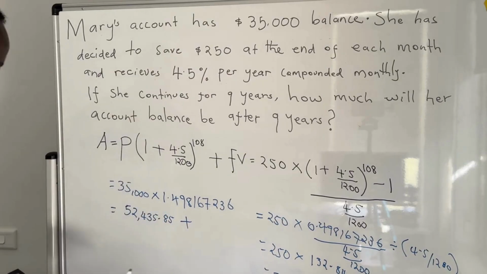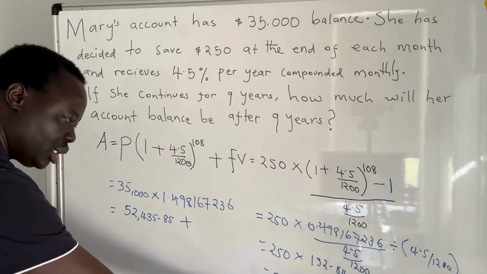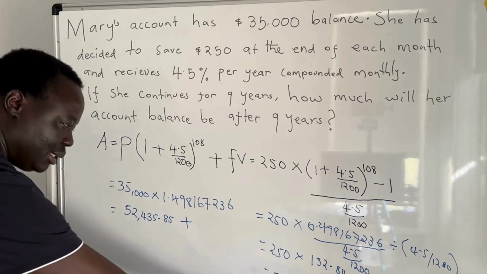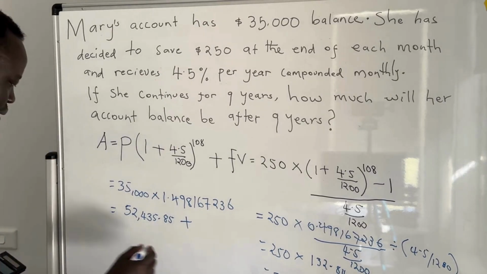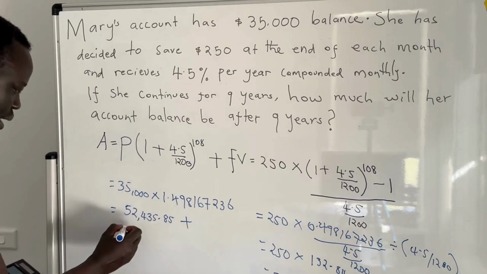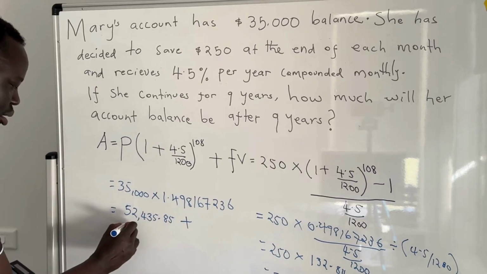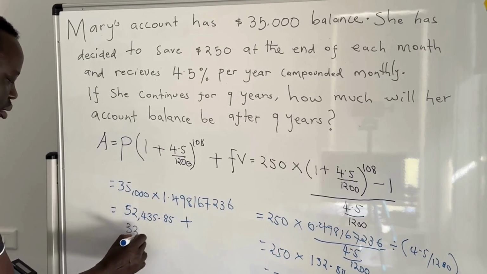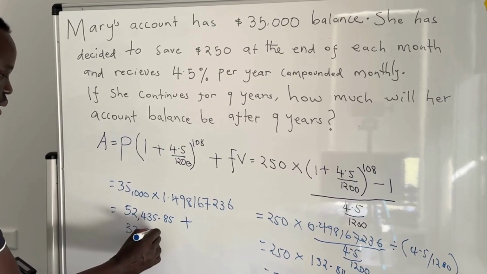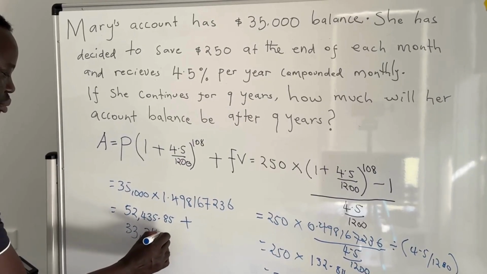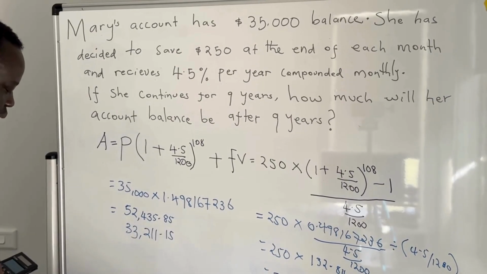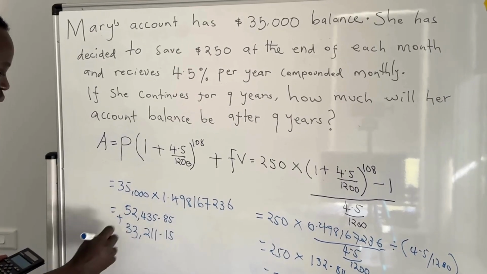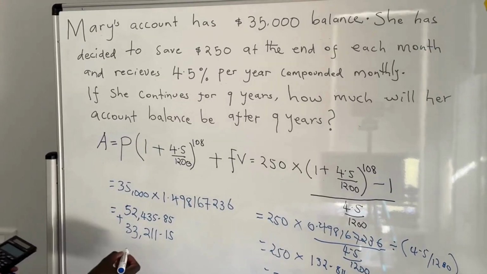Now you're going to add them up together, this one plus this. So if we have 33,211.15, add them up together like this, and that will give you what?